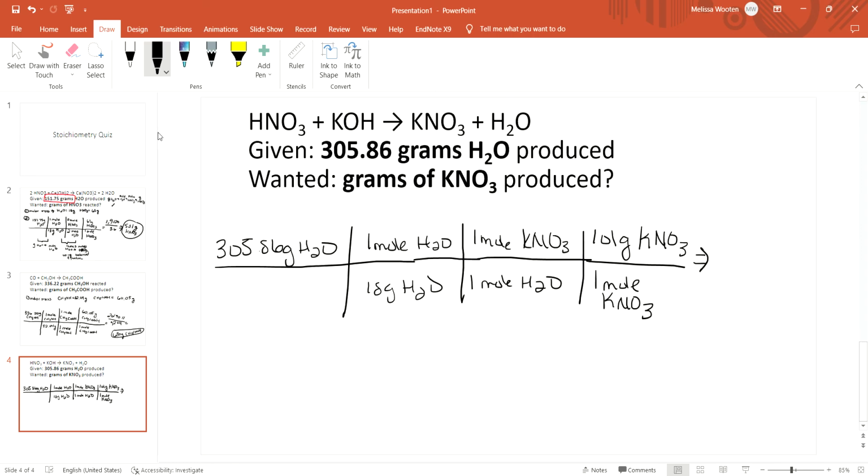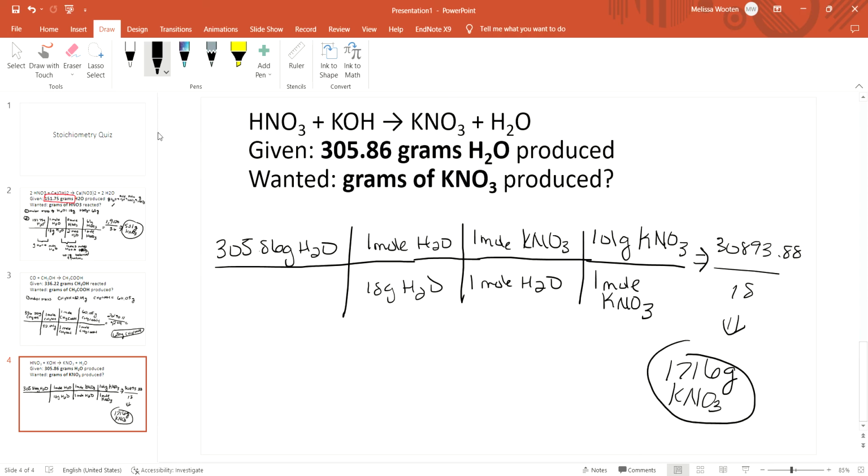Multiply across the top and divide by the bottom. 1,716 grams of what? KNO3, because everything else cancels.